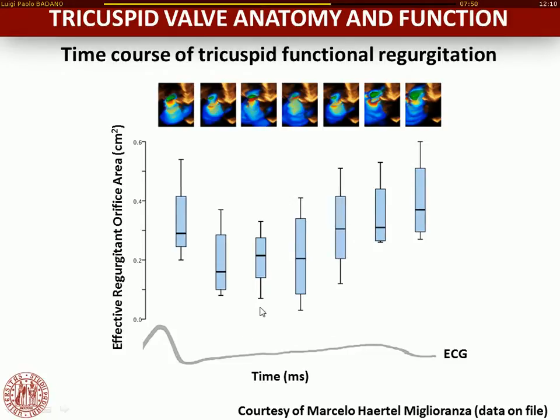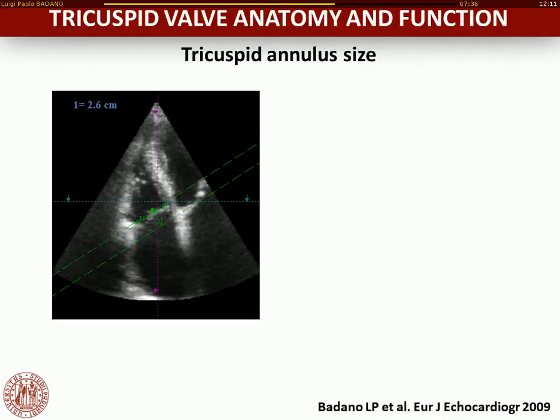And so also this is an important message, that when we make our measurements of the vena contracta size at mid-systole, we almost always underestimate the degree of the regurgitation, because this is the lowest of the regurgitant orifices.